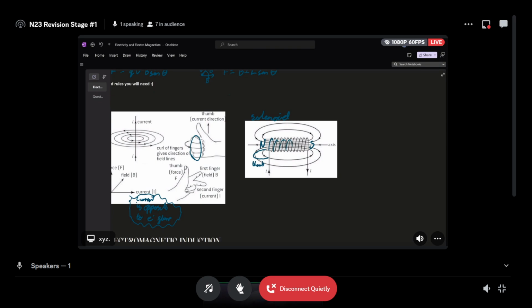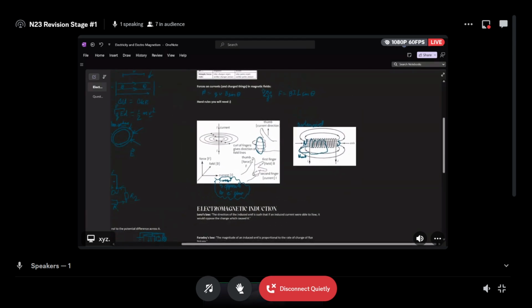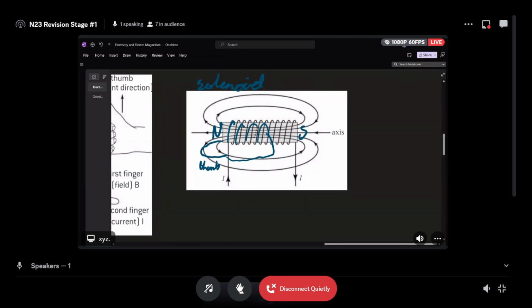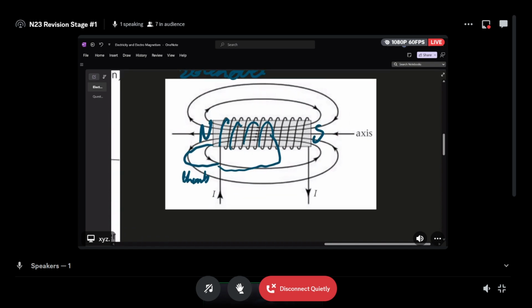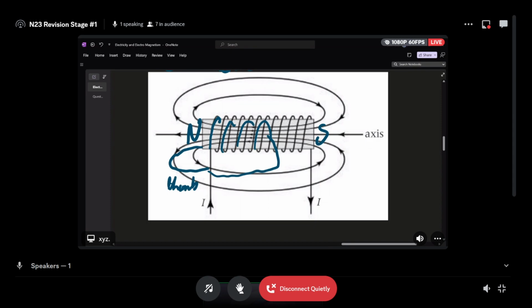Wow, I should do art. So you curl your hand that way, and you know what way is north and what way is south. With solenoids, an ideal solenoid will have a completely straight, uniform magnetic field inside of it.